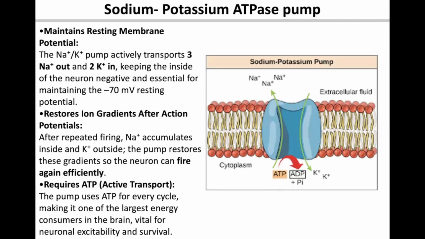What it does is take three sodium ions and put them outside of the membrane, which is the ECF, extracellular fluid, and bring two potassium ions inside. So 3:2. Outside you can see there are now more sodium ions, and inside there are more potassium ions, with the help of the sodium potassium pump.